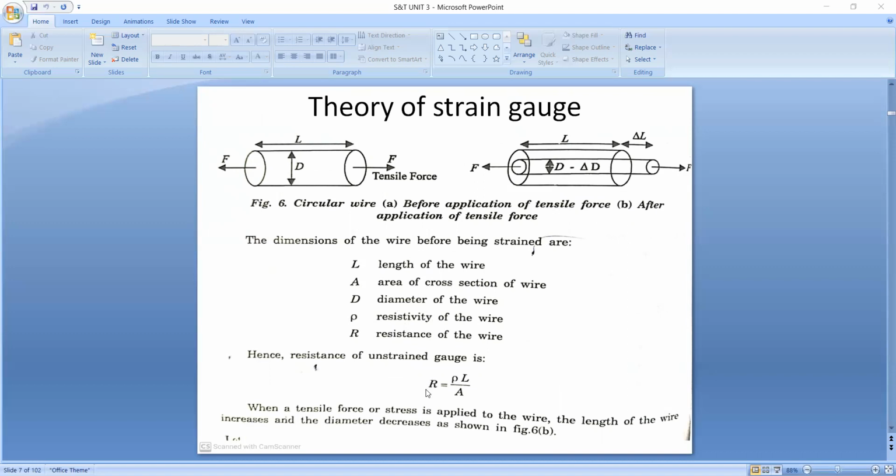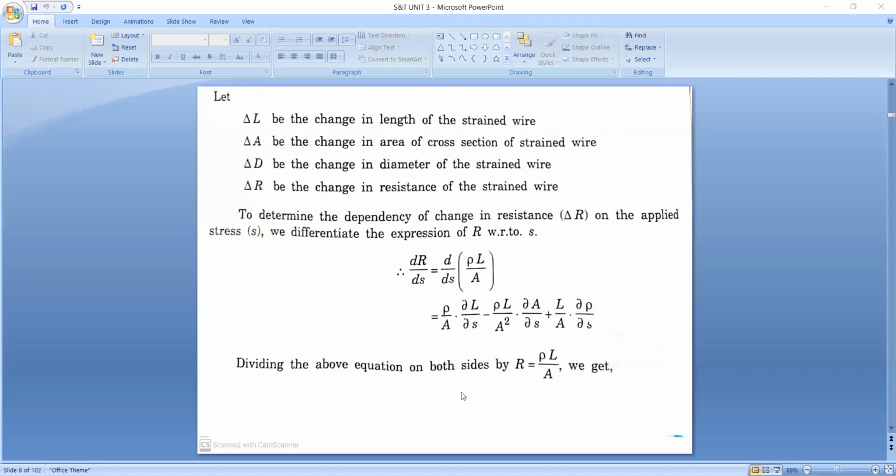We know the formula for R, resistance of the unstrained gauge, is R is equal to rho L by A. So we have understood what delta L, delta A, delta D, and delta R are. Now, in order to determine the gauge factor, we differentiate the resistance with respect to the stress applied, R with respect to S.